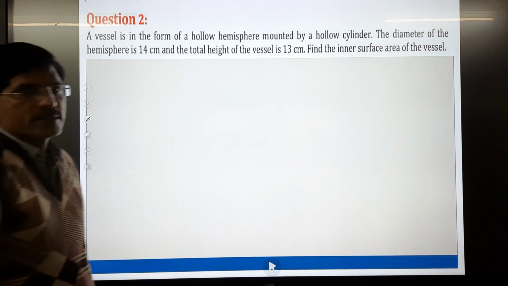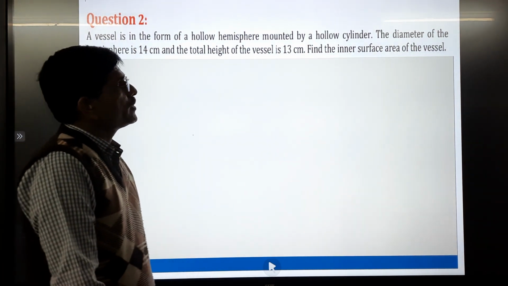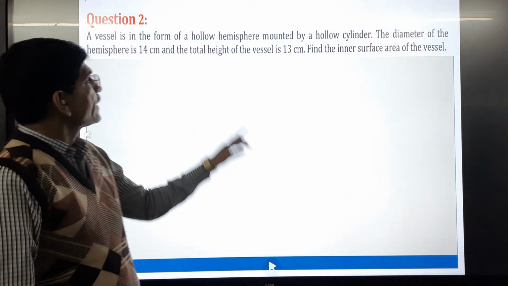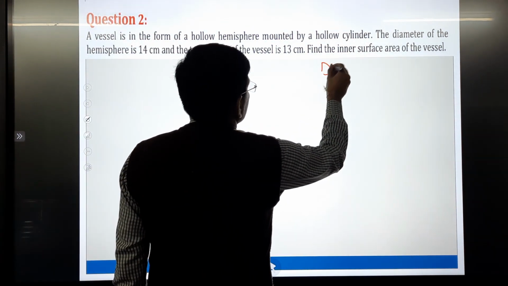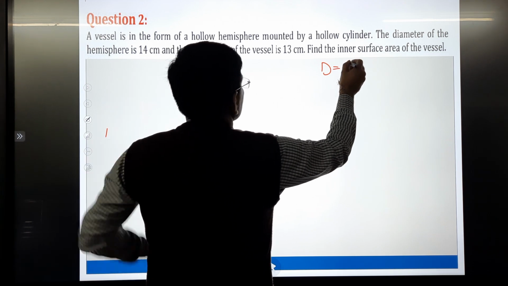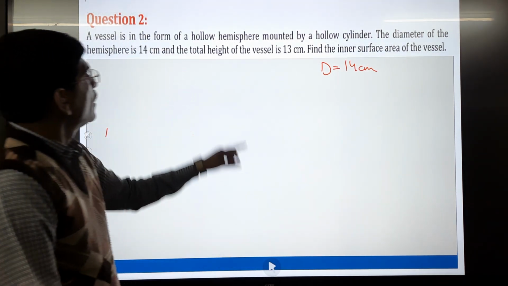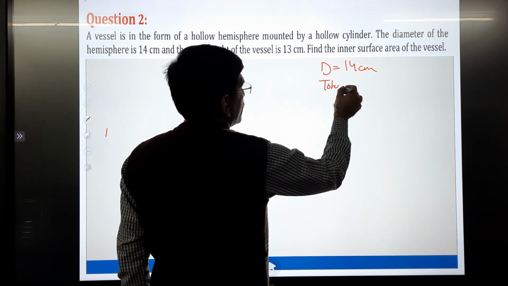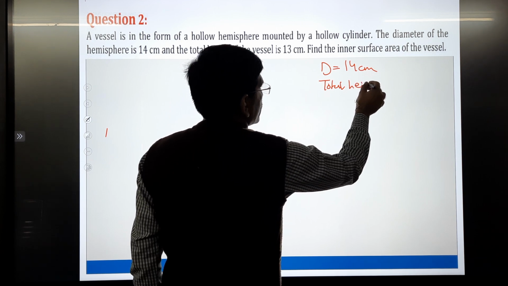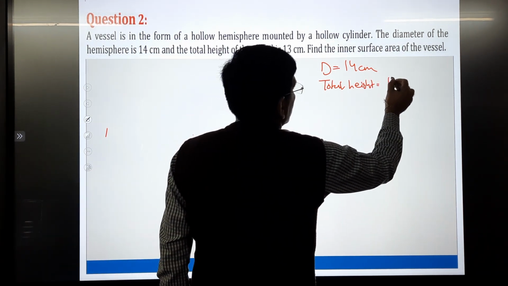Now next question. A vessel is in the form of a hollow hemisphere mounted on a hollow cylinder. The diameter of the hemisphere, D, is given as 14 centimeter. Total height is 13 centimeter.